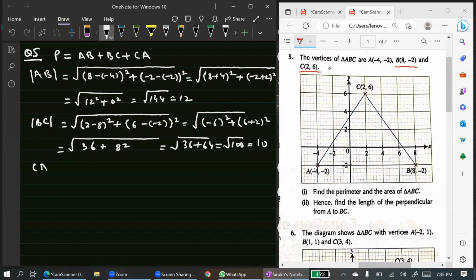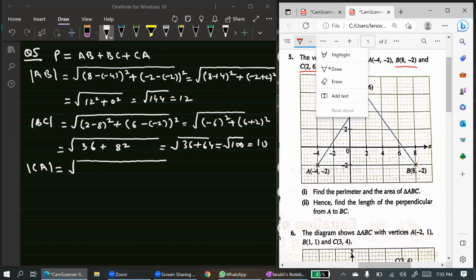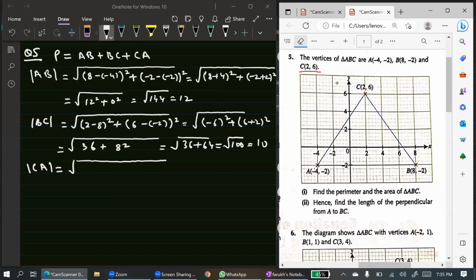Now we will find out CA. We will let C be x2, y2 and A be x1, y1.